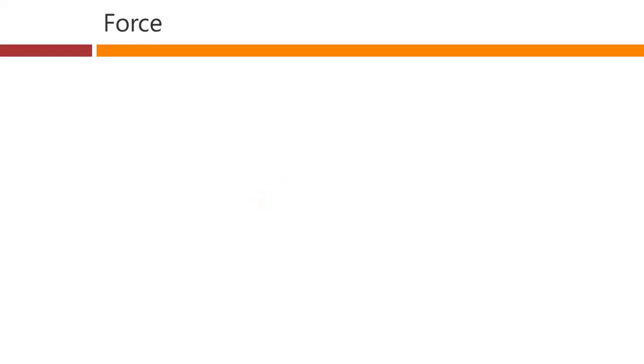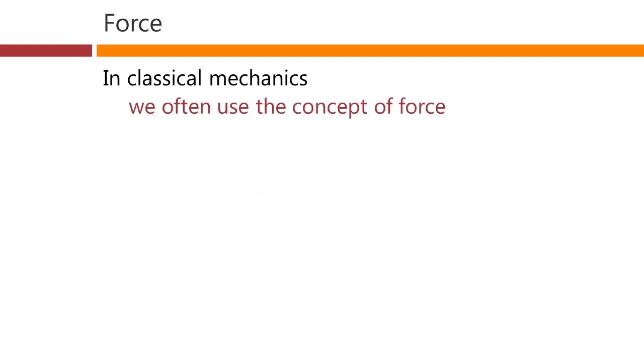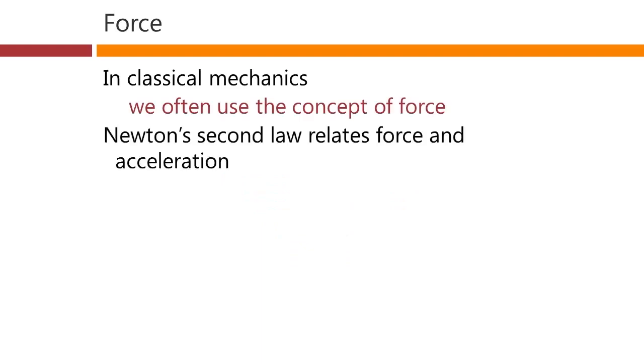In classical mechanics, the idea of force is a very important one. We often use this concept of force, and Newton's second law relates force and acceleration. So you may remember the force as a vector equals the mass times the acceleration. So if you push on a mass, it will start to accelerate.